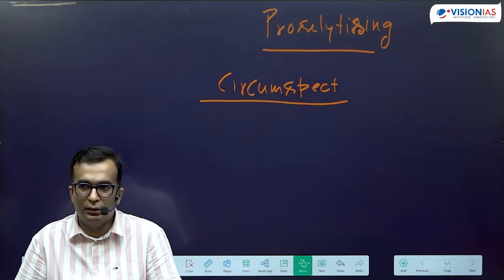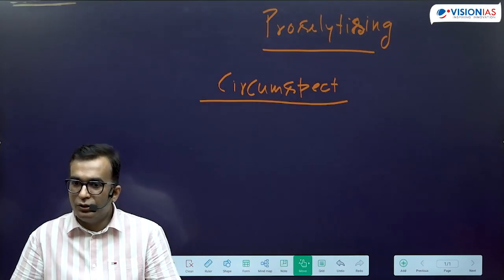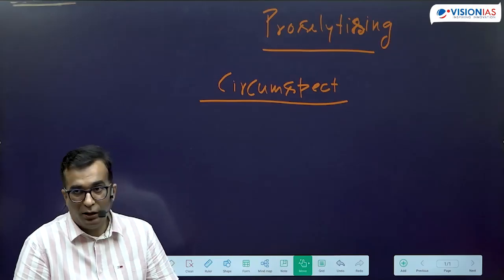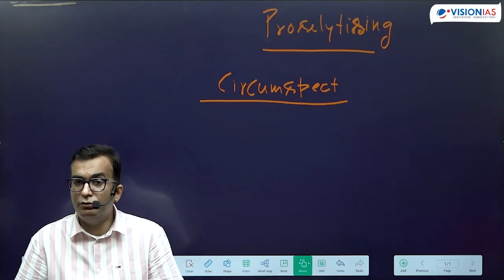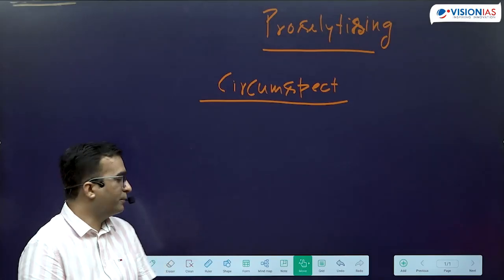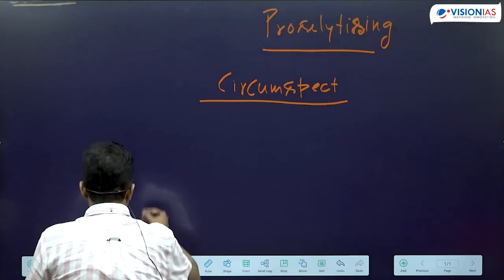Then, so this is what is about the socio-religious causes of the revolt. Now let's come to the last one, which is political causes of the revolt.